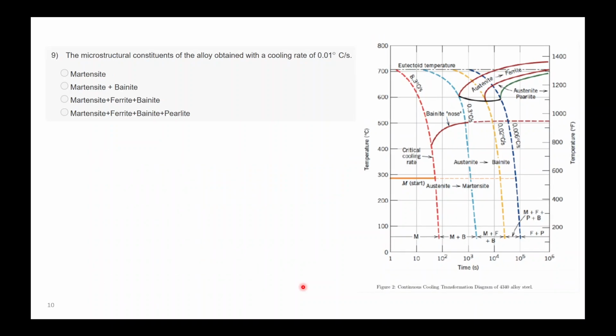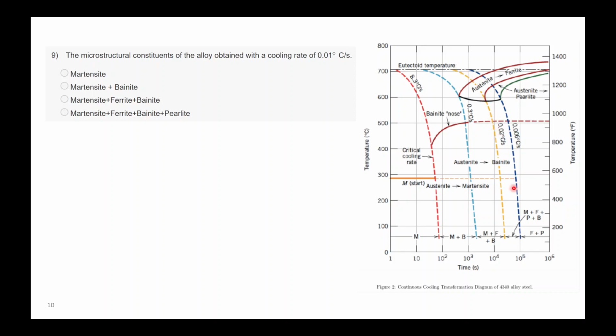The microstructural constituent of the alloy obtained with a cooling rate of 0.01 degree Celsius. So in this case, your curve will be in between 0.0 degrees Celsius per second and 0.006 degrees Celsius per second. So in between this the curve will fall, and in this region we can see that it is coming from austenite to ferrite, austenite to pearlite, austenite to bainite.